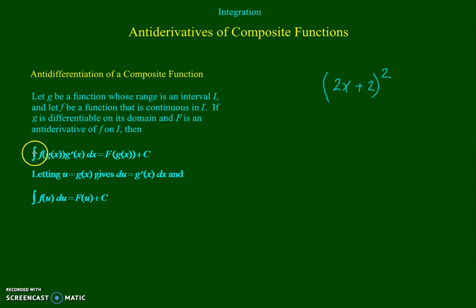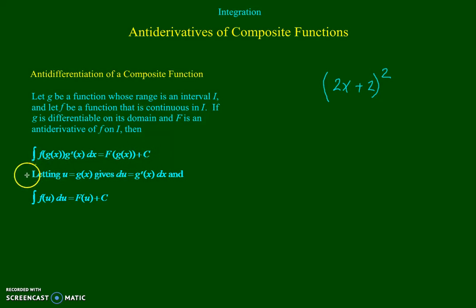So this expression is defining a pattern that we're going to have to look for. If you have a composite of f and g of x multiplied by the derivative of the inside piece, that is your pattern that you're looking for. And the result, your answer, can be derived by taking the antiderivative of the outside function f with the inside function intact, adding some constant of integration.